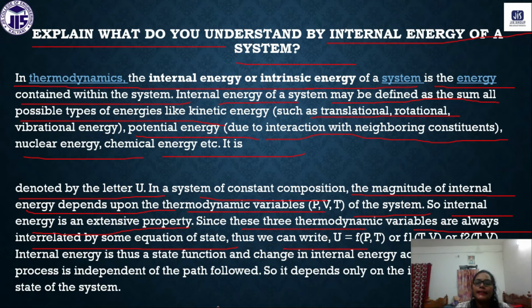Internal energy is thus a state function, and the change in internal energy in a process is independent of the path followed. So it depends only on the state of the system. Okay, so this is the internal energy, and this is its significance for a molecule.